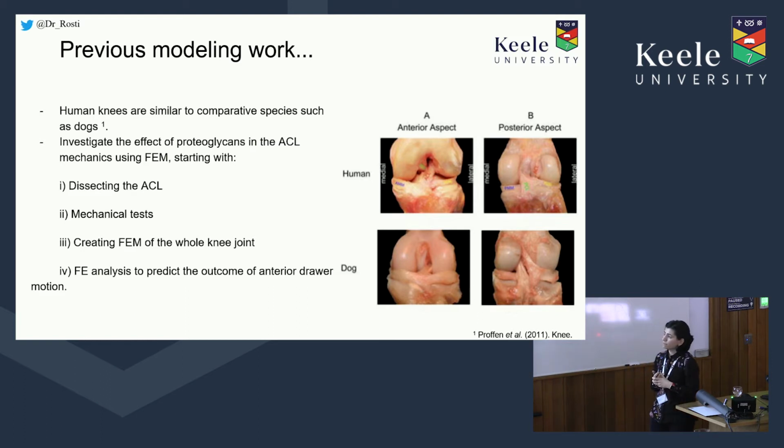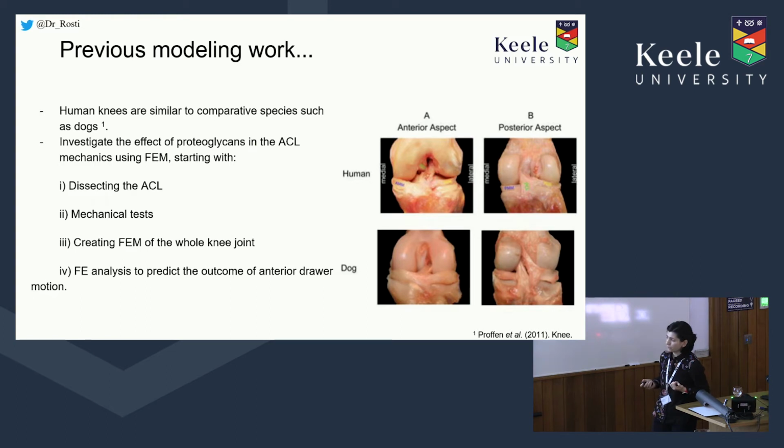I'm not going to go into detail of exactly how I digested the proteoglycans. It's a very tedious way to do it, and it's not guaranteed either. You might end up getting only 20% out of the tissue because of the structure of the tissue. But in brief, the focus here was the ACL, and then I created the finite element model of the whole joint, including the ACL and the other soft tissues within the knee joint.